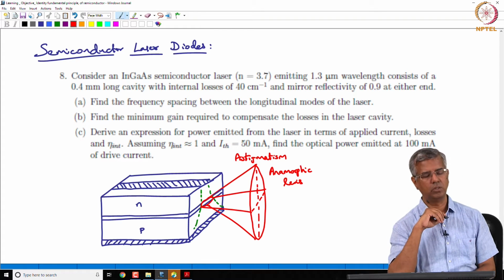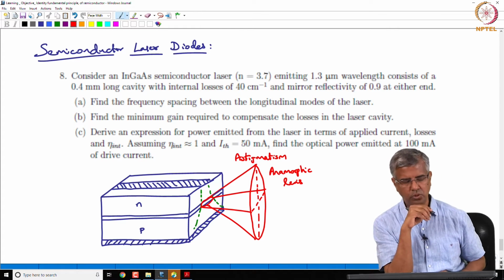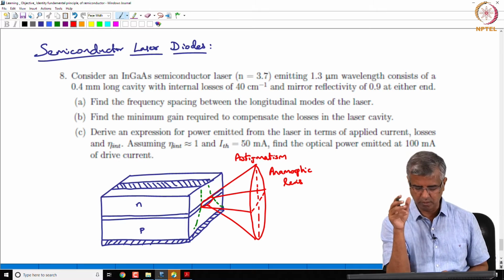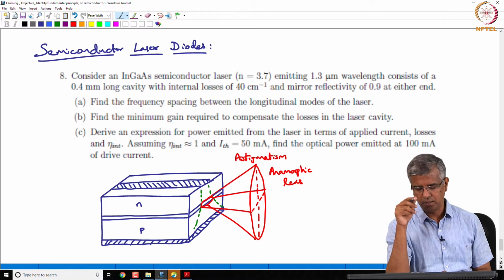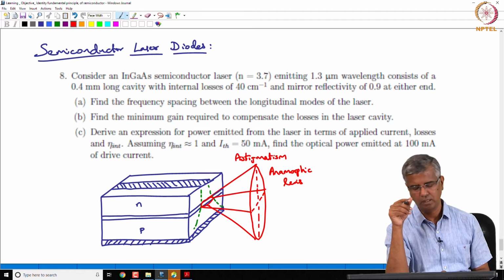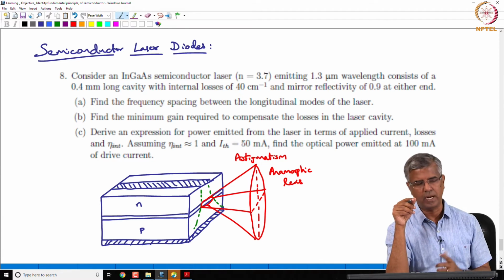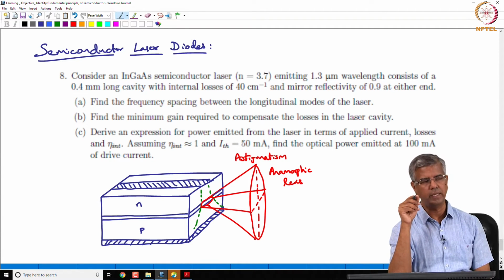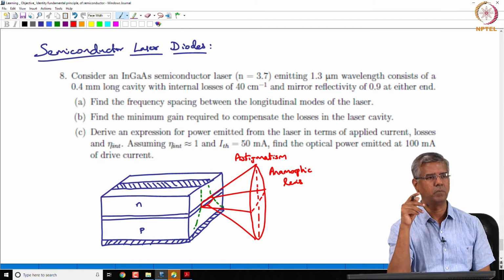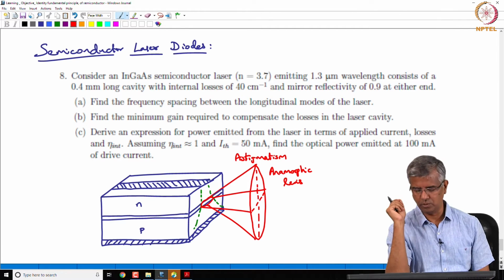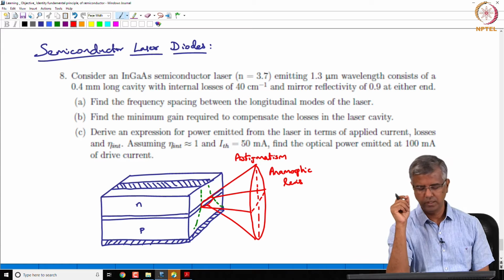It is basically a lens with two different focal distances for the two different directions, and with an anamorphic lens you can essentially correct for this astigmatism and possibly get a circular beam.